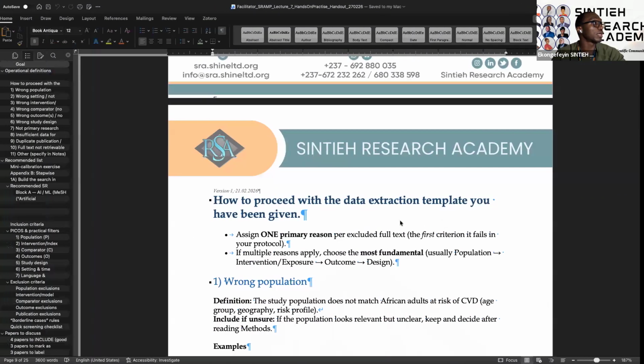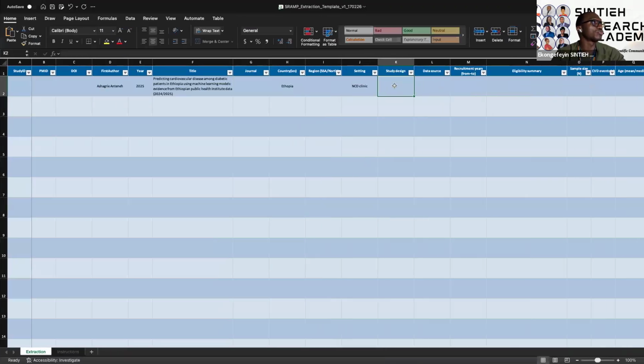So I come now to my tool. I'm going to put here case control design. What was the data source? It's the Public Health Ministry. It had a certain 1930 there. So that's it.